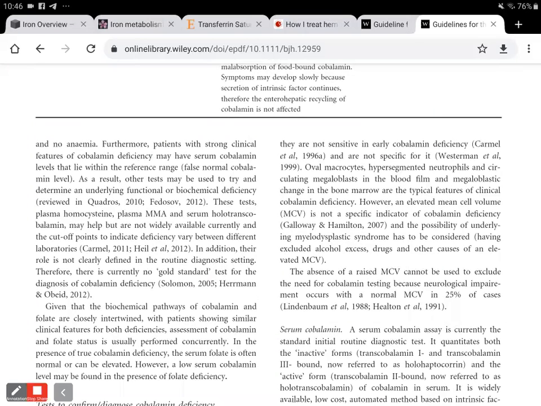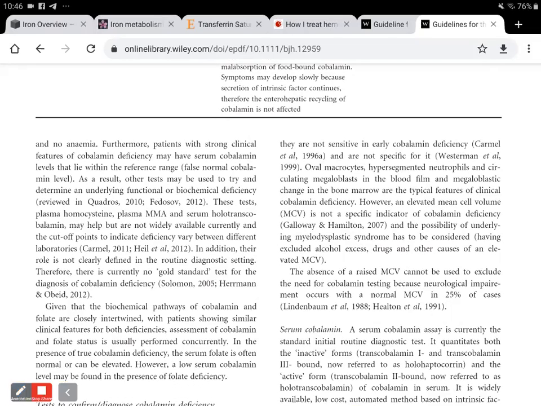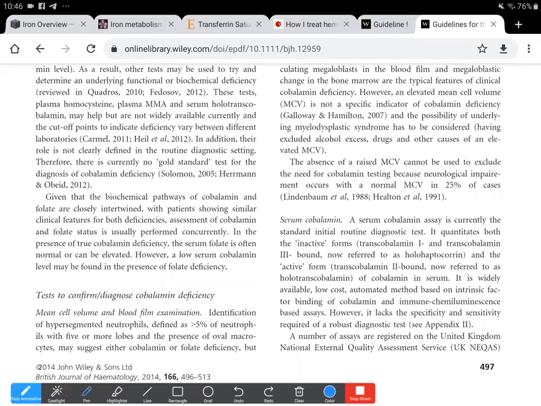This is one pitfall in the diagnosis: not only may the clinical and the biochemical picture not correlate with each other, but there can also be a combined deficiency of both folate and cobalamin. So this is something that we need to take into account.